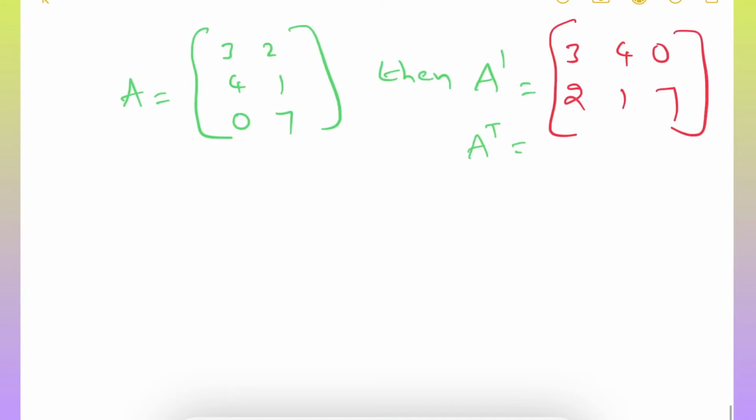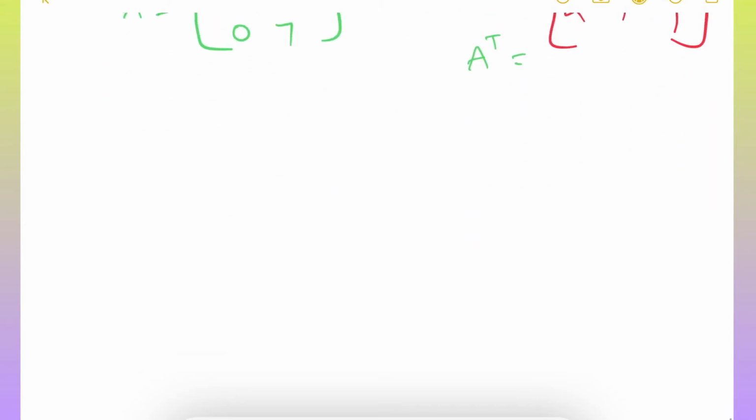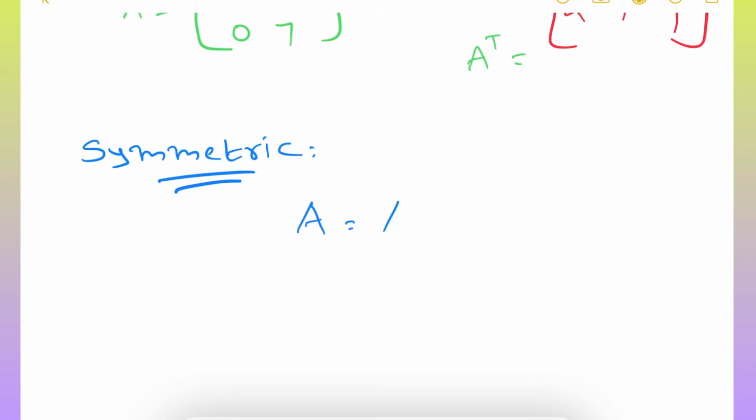Okay, now let us move to the next type, that is symmetric matrix. A symmetric matrix is nothing but any matrix which, if we take the transpose, looks exactly like the original matrix. Then that type of matrix is called a symmetric matrix.